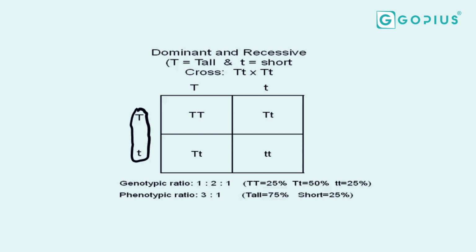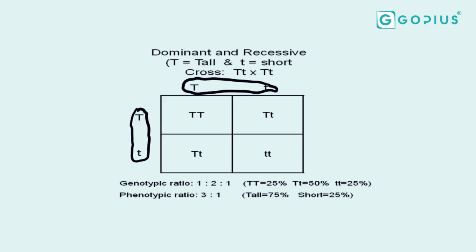This is another parent. It is also heterozygous for tallness. Capital T for dominance for tallness, and short t, which is recessive for shortness. But the capital T masks the shortness. So it is tall. When we look at it physically, it is tall.